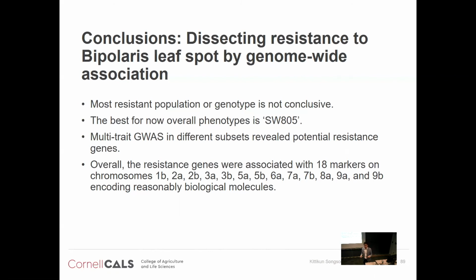But if I need to pick the best one right now, I will pick SW805 because it's always in the top 10% of this population. And the multi-trait GWAS here really helps me to reveal some of the SNP markers that are reasonably linked to the resistance genes.